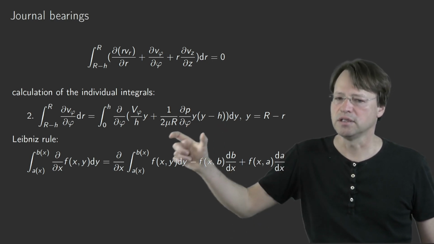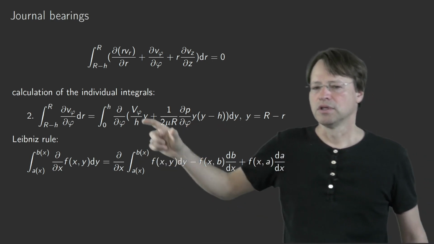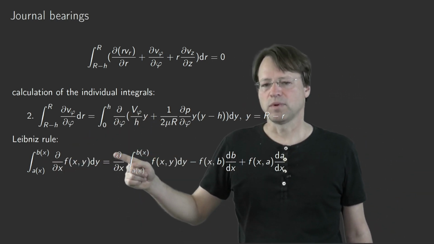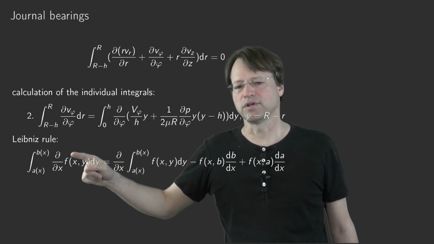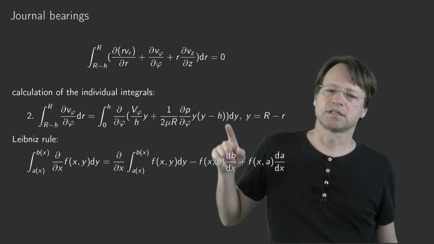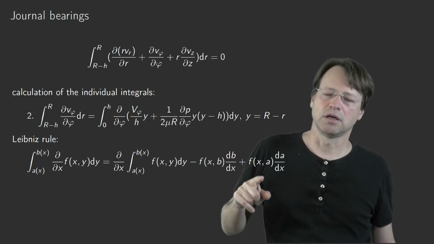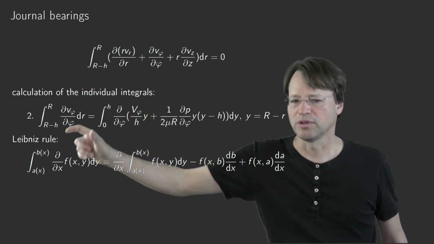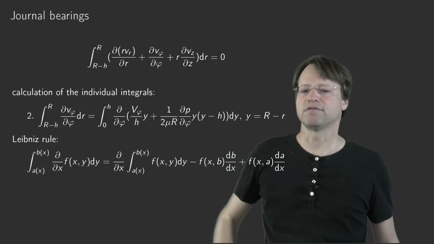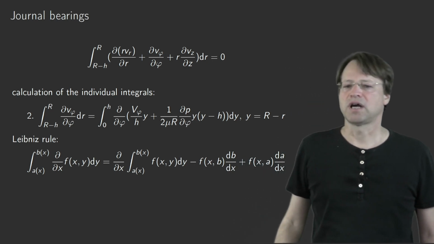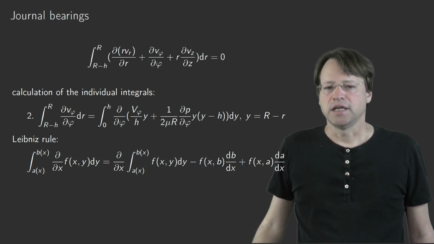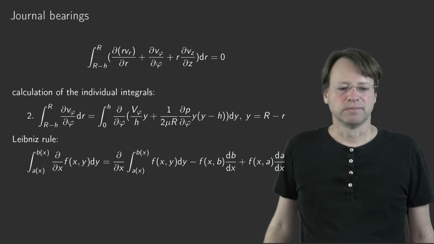Or one could say that this term is equal to the interchange term where the derivative is now inside the integral, plus upper limit minus lower limit if you put these two terms on the left hand side and read the equation from the right to the left. So this is the idea of Leibniz rule. Perhaps you have seen it in engineering mathematics, at least I hope so.